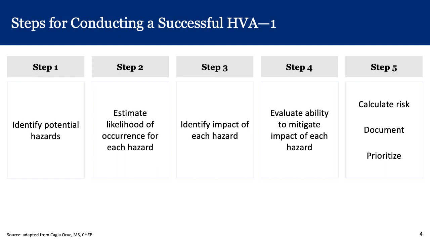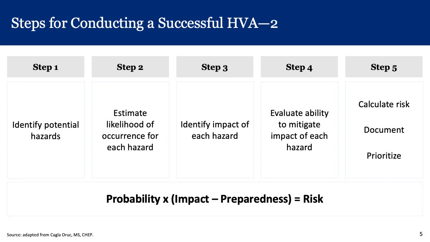The third step is to identify what the impact of each of those respective hazards would be on the community, the amount of physical or psychosocial or both in terms of impact on the community that's affected. The fourth step comprises evaluating the ability to mitigate the impact of each hazard. And last but not least, calculating the risk accordingly based on the preceding steps, documenting that, and prioritizing accordingly.